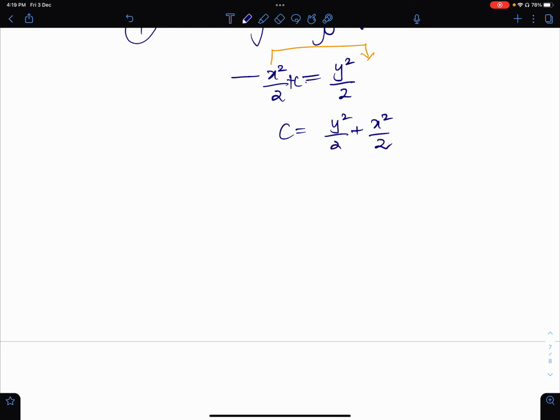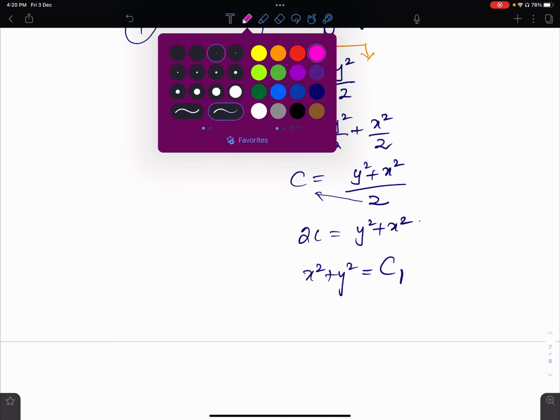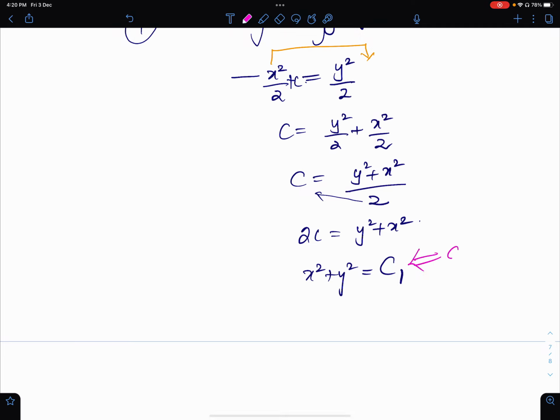Cross multiply by 2, so 2c equal to y square plus x square. I can write x square plus y square equal to some c1. So what is given here? This is the orthogonal trajectory. Don't forget, this answer is called the orthogonal trajectory.